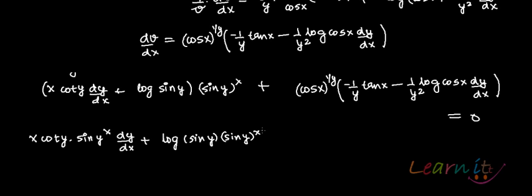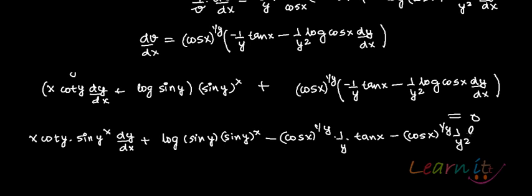Yeah, so it'll be minus cos x to the power 1 by y into 1 by y into tan x, minus cos x to the power 1 by y into 1 upon y square log of cos x dy by dx equals to 0. So this is what you have.